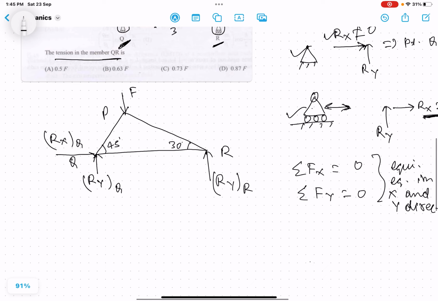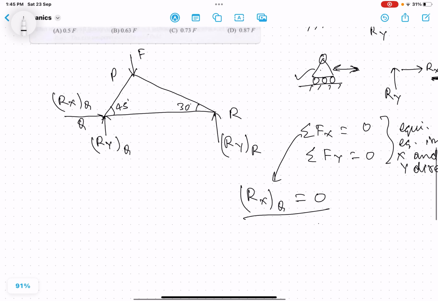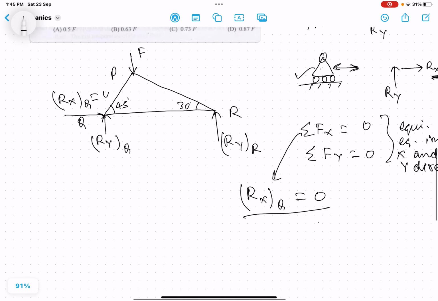If we apply summation of Fx equals 0, then we can see that Rx at Q equals 0, because no other external forces are being applied in the x direction. That's why this one is 0.